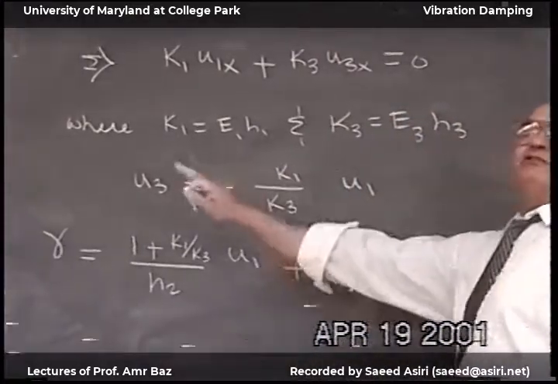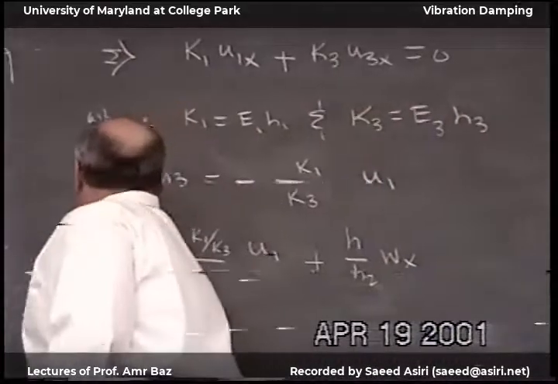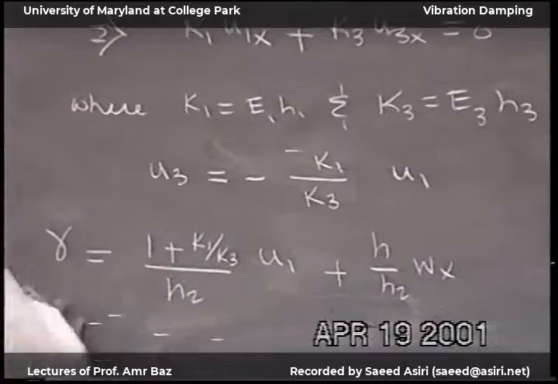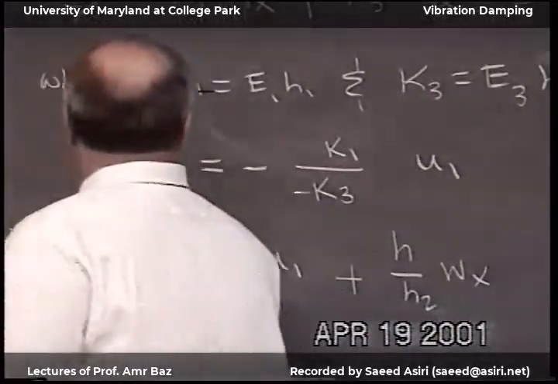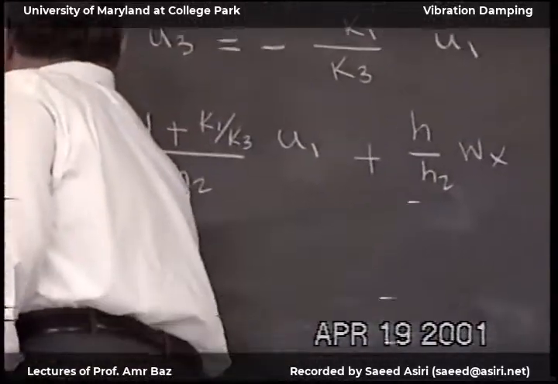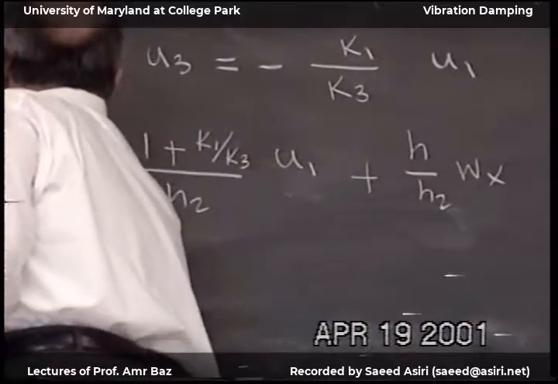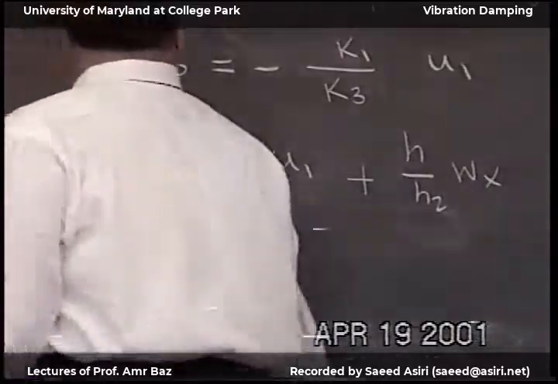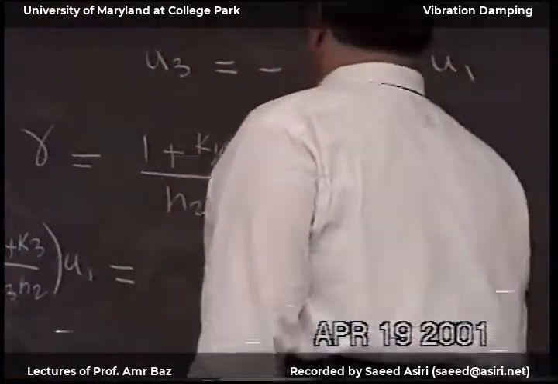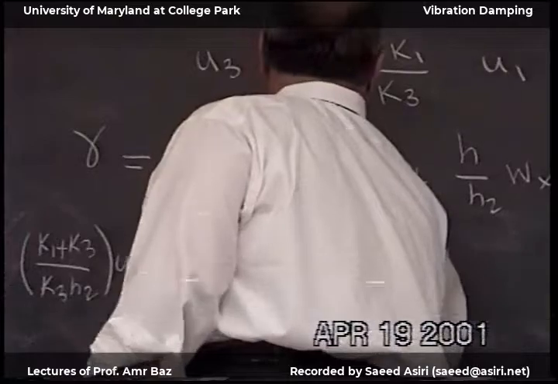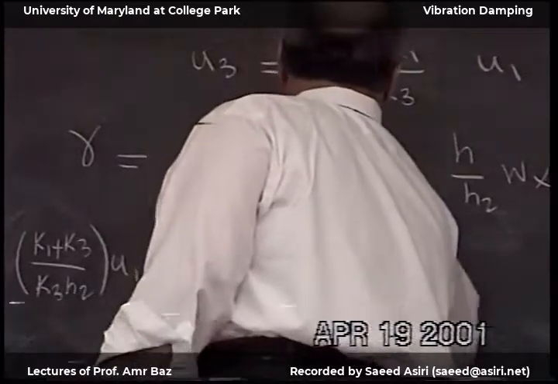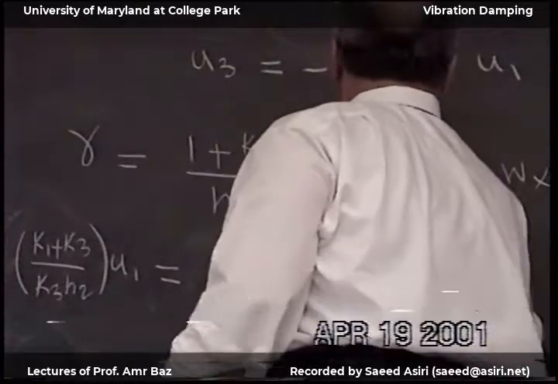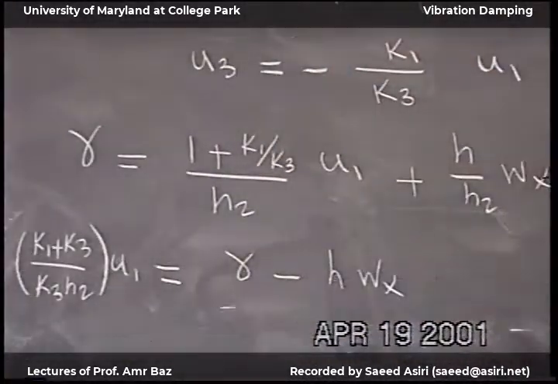Then I bring this to the left hand side. So I'll clean this, so this will be K1 plus K3 over K3 H2, U1 will equal to gamma minus H over H2, H Wx.